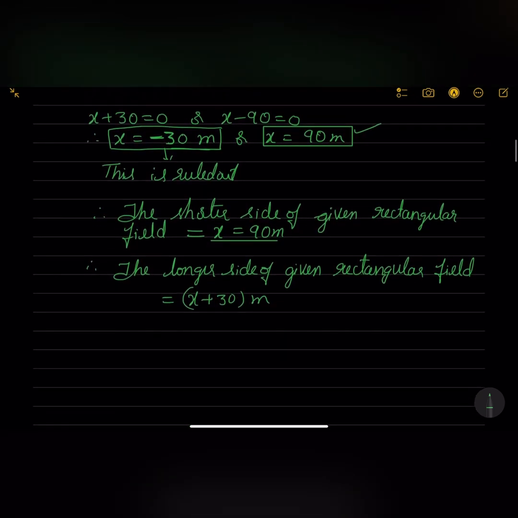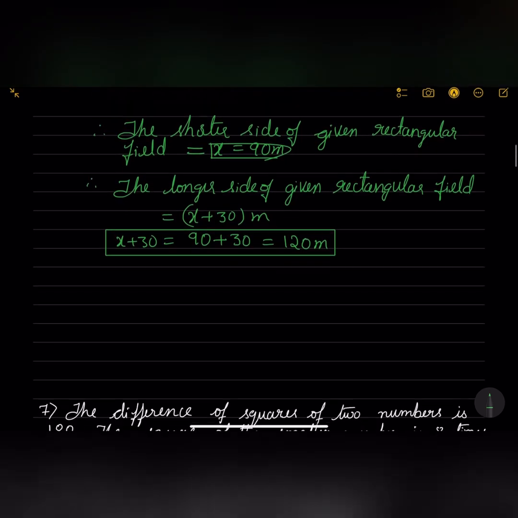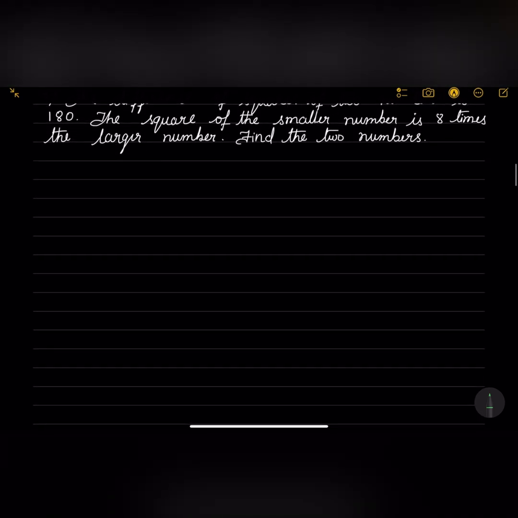So x plus 30 meters will be equal to 90 plus 30, that is 120 meters. The longer side is 120 meters and the shorter side is 90 meters. So these are the two answers for the numerical. And we'll go for the seventh one.